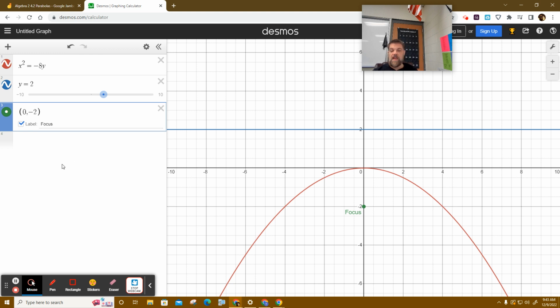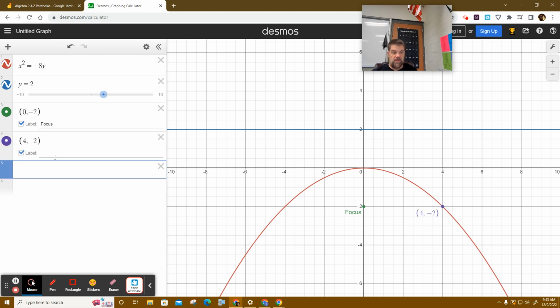Okay? And let's pick a point on the grid. Let's pick this point here. I think that's 4, -2, right? Yeah, 4, -2. So let's just graph that. 4, -2.